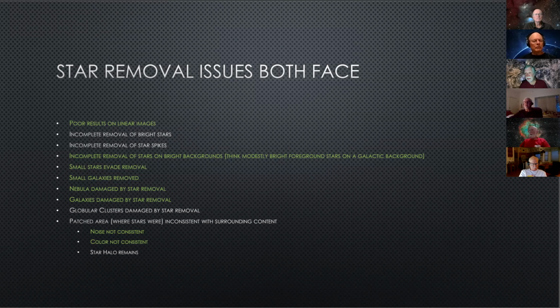Sometimes the patched areas are inconsistent with the surroundings. In StarNet, they tend to have a crosshatch in them sometimes, and also, strangely enough, star donuts around the removed stars, probably because the training data set used very, very small stars.